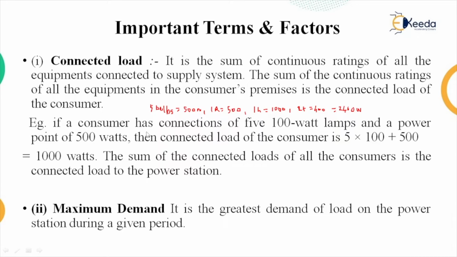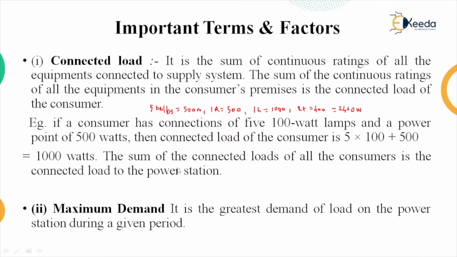Example: if a consumer has a connection of 500 watt of lamps, 5 into 100, and a power point of 500 watt, then 500 plus 500 is 1000 watt.